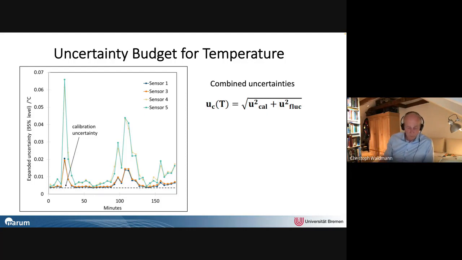If you just have a few measurement values, you're not able to average out the statistical errors or the statistical uncertainties, and that means your expanded uncertainty goes up. So actually a very simple consideration.